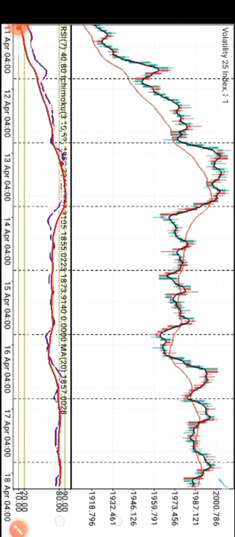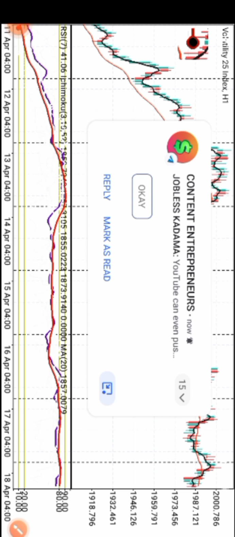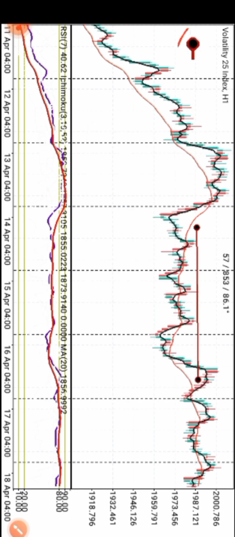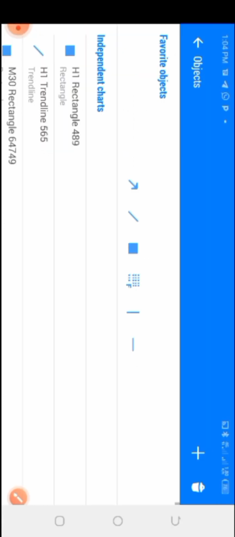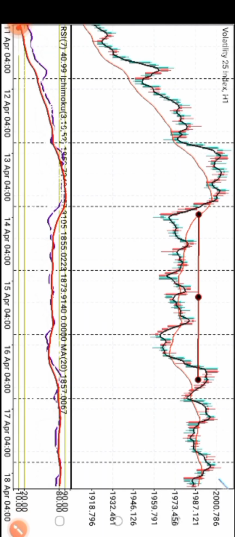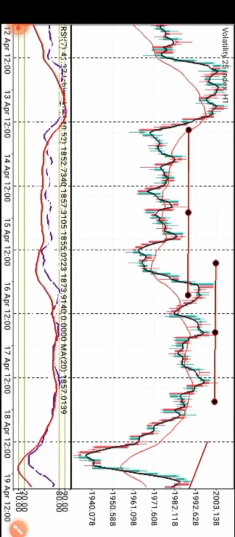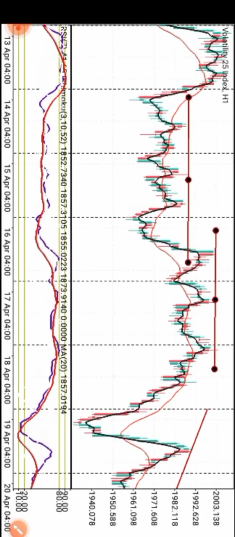For example, this is the first high being taken out. Right, this is the first high, number 1. Number 2, this is another high. Sorry, let me draw it perfectly. Another high being taken out. Are you seeing, guys?